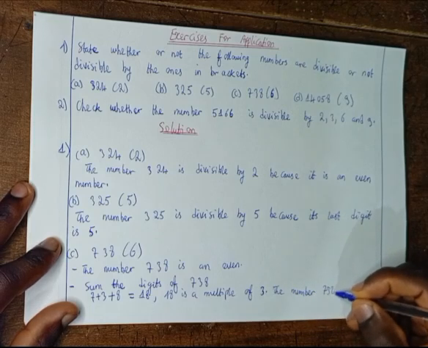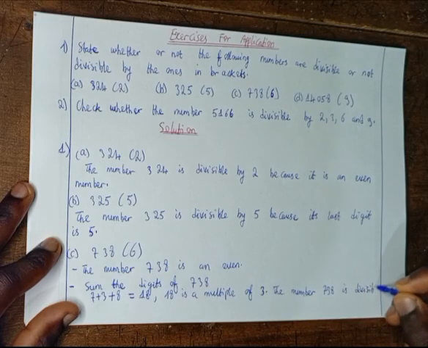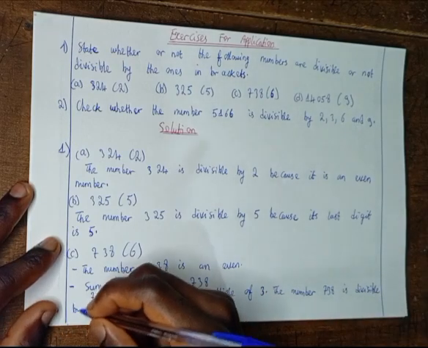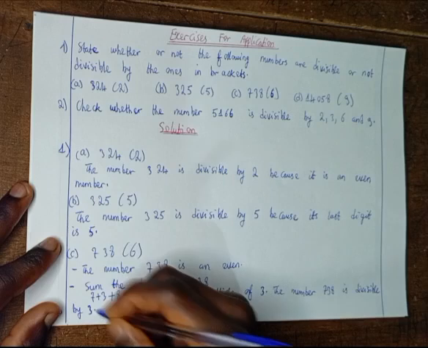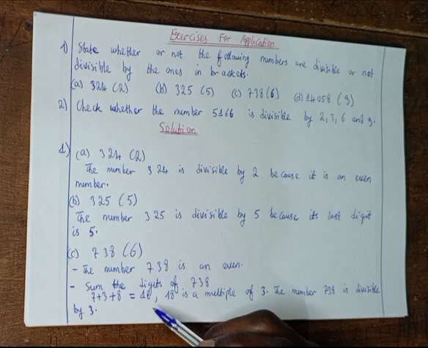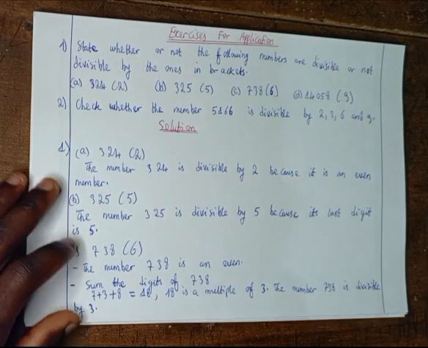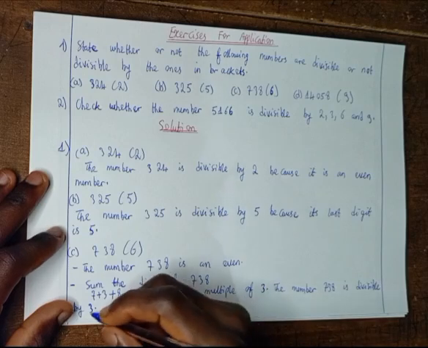Number 738 is divisible by 3. Then from here now we can conclude, since it is an even number and it is divisible by 3, therefore the number is divisible by the number 6.